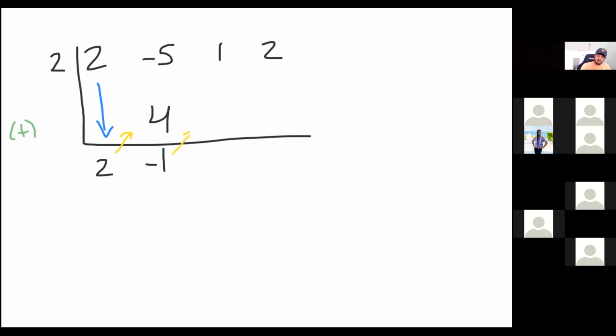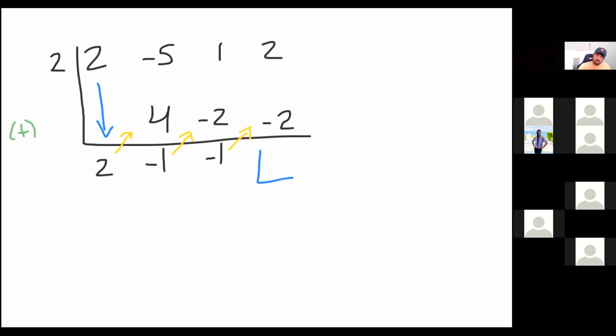I move up and to the right, which means I multiply by my root that I'm testing, which is a 2. So -1 times 2 is a -2. Well, I take a 1, add a -2 to it, I still get a -1. I move it up and to the right, which means I multiply it by a 2, which means this is going to be a -2.